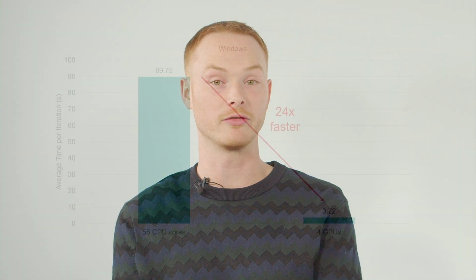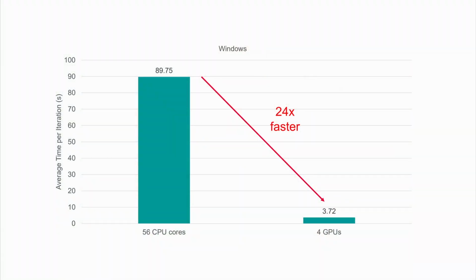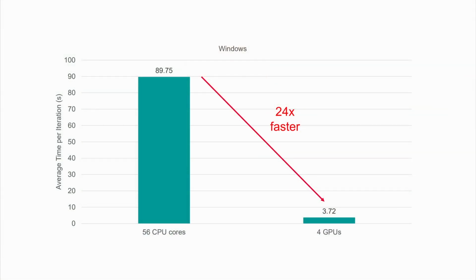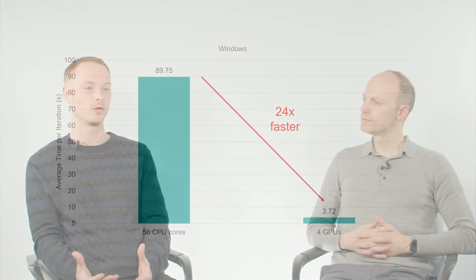If we take this simulation and run it on the available CPU cores, and then we run it on the available GPU cards, then you can see that it's an incredible 24 times faster by leveraging the GPUs on this system. And this is just a small example of the applications that you could run and the possibilities of taking advantage of hardware on, as I mentioned, your laptop or Windows workstation as well.